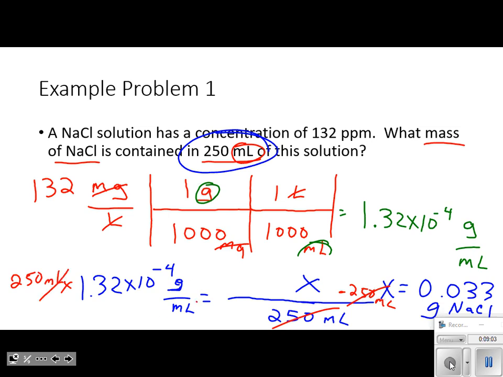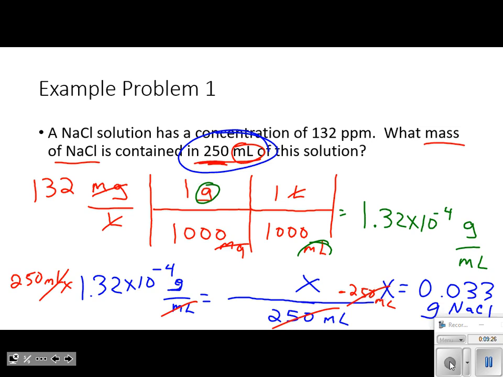My milliliters cancel, leaving me with grams. Multiplied those together, I got 0.033 grams of NaCl. And that was good because if I look right here at my 250, it only has 2 sig figs. So my answer should only have 2 sig figs, and it did.